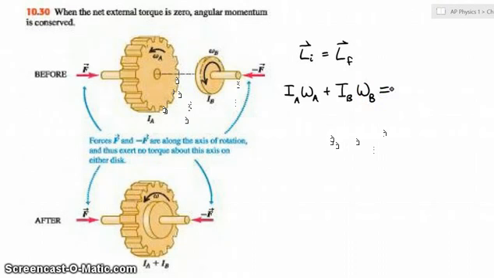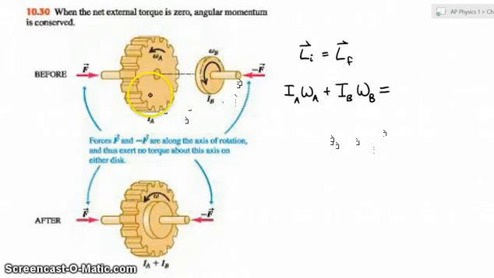When we're done, the gears will be moving together. So they're going to be pressed together, and friction between the two gears is going to cause them to eventually want to rotate at the same angular velocity.